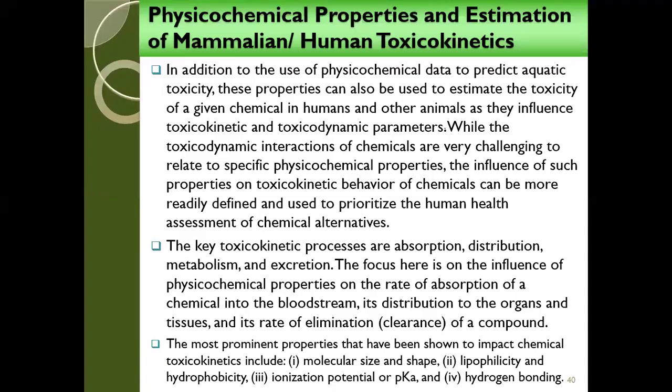And just like we have tried to estimate, so to speak, toxicity in the aquatic environment, it's also possible to do so based on available physicochemical data to predict, to estimate toxicity of these chemicals in humans and even other animals.